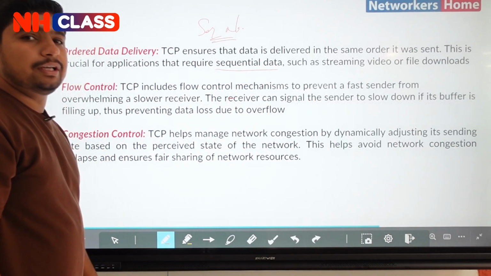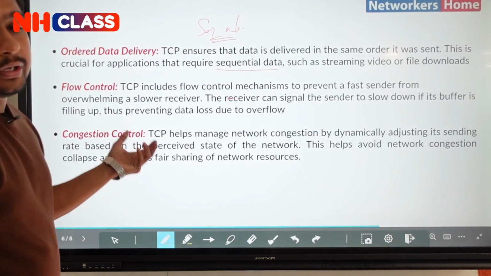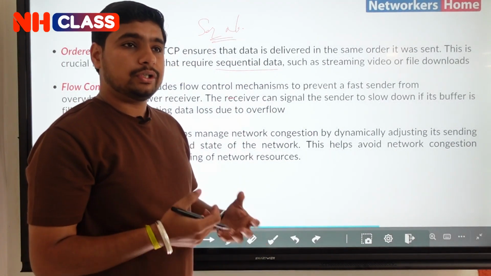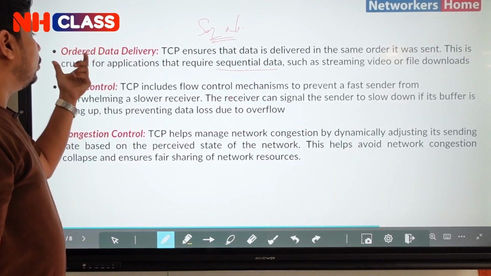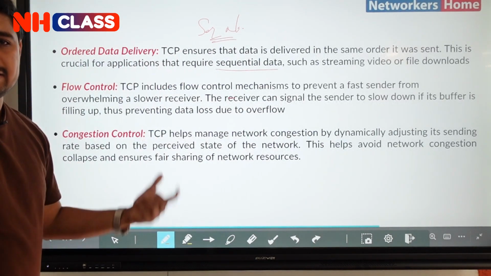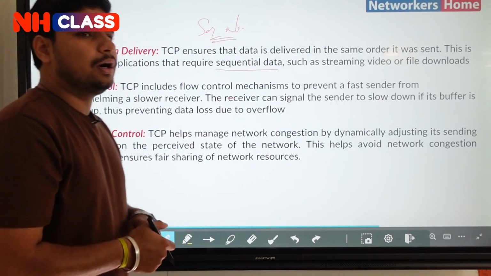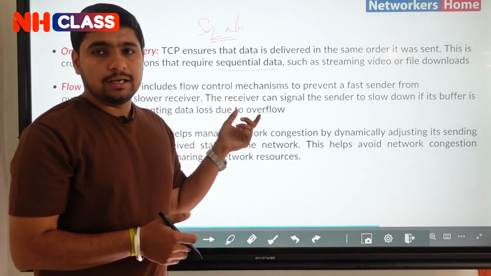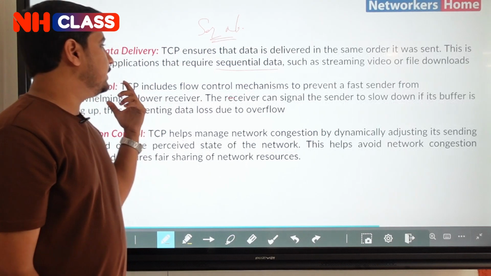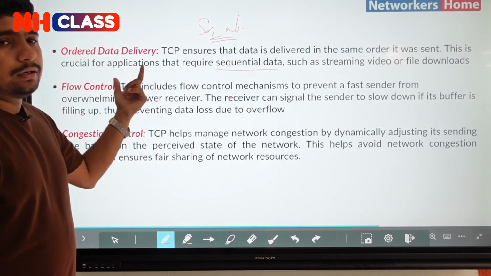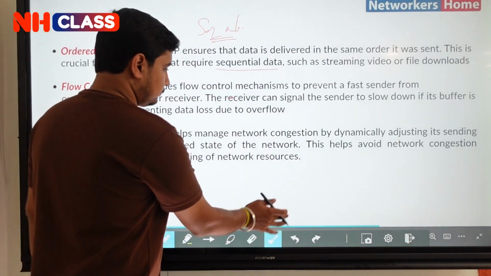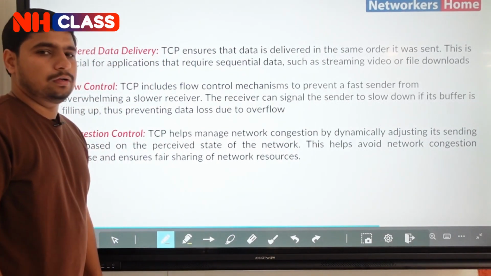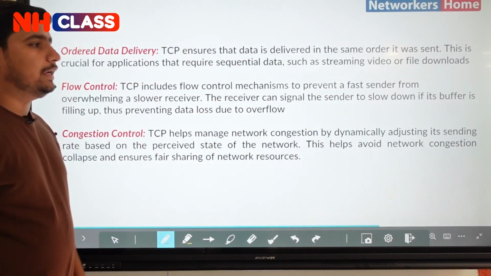The sequence number is one of the mechanisms which helps us achieve ordered data delivery in TCP. Usually, guys, UDP doesn't support any sequence number, but TCP does, and based on that mechanism, TCP provides ordered data delivery. I hope all these points are clear, right?